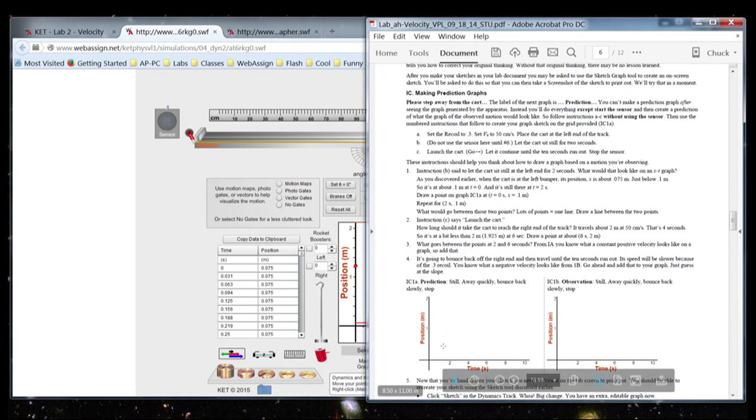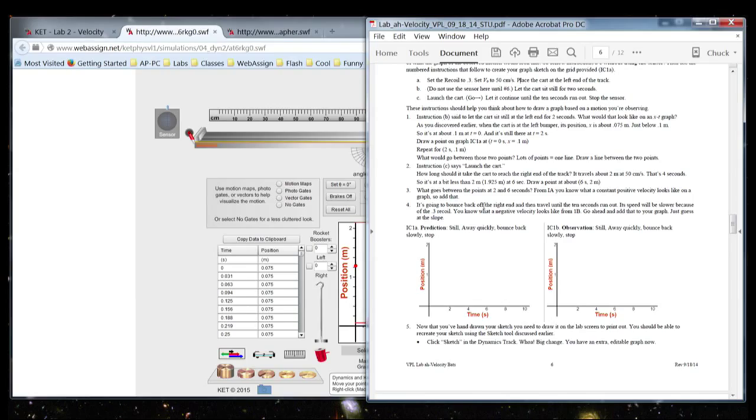And so you're supposed to draw that down here. And then I tell you to actually draw the 2 points, and then launch the cart, and then draw that part of it, and so on. So there are various steps here, but the important thing is that you're supposed to predict what happens, draw your graph, and then actually do the same thing, and then create.